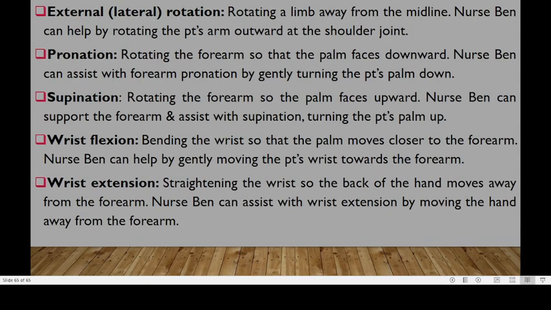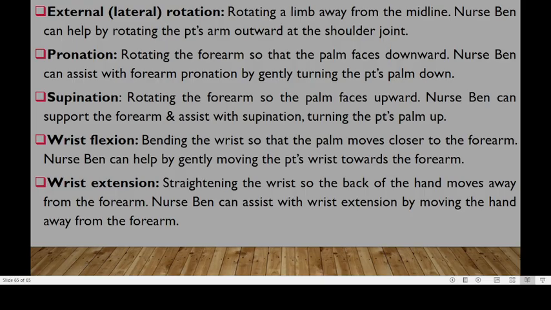We could also do external or lateral rotation. We help the patient rotate the patient's arm outward at the shoulder joint. Pronation, where we can assist the forearm pronation by gently turning the patient's palm down. Supination, where we can support the forearm and assist with supination, turning the patient's palm up.